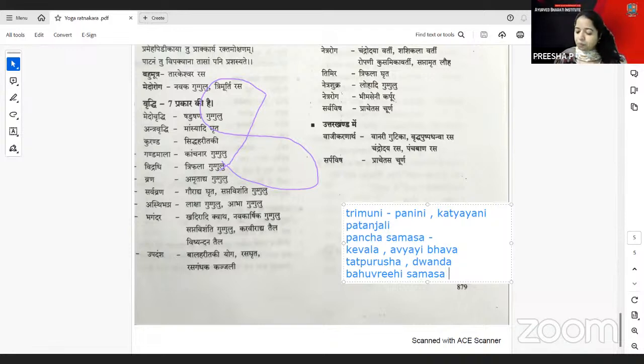Then Let Lakara. The Let Lakara is Samshaya Artha Prayoga, and the Lun Lakara is Bhutakala, with the specificity of Bhutakala. Then you have the Parasmaipada and Atmanepada.